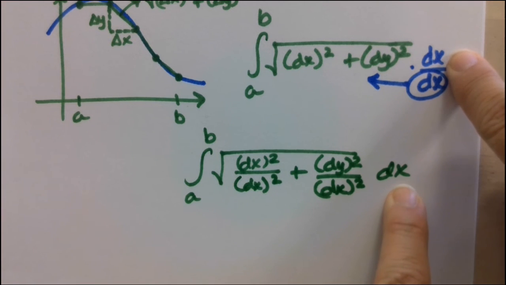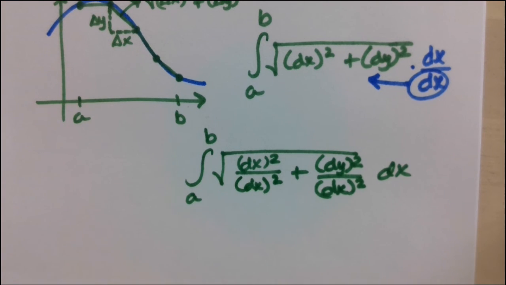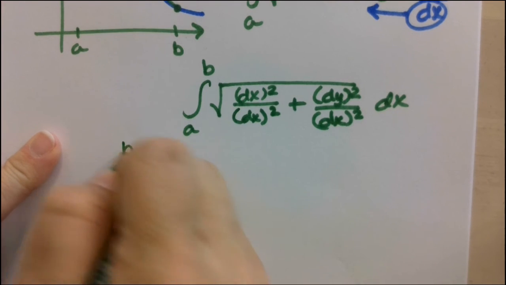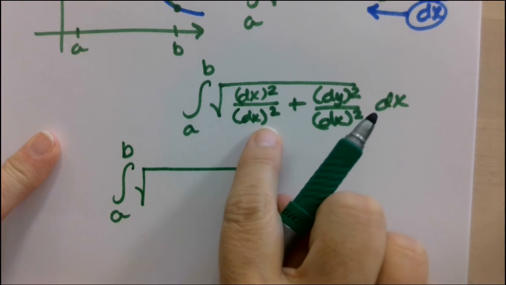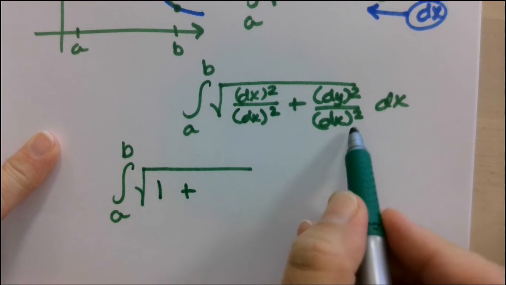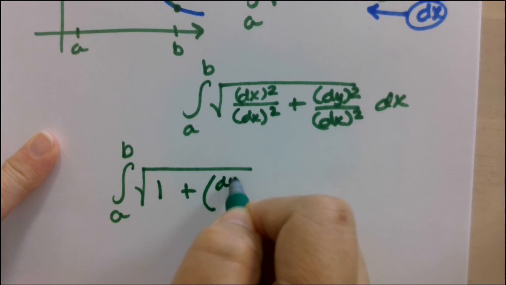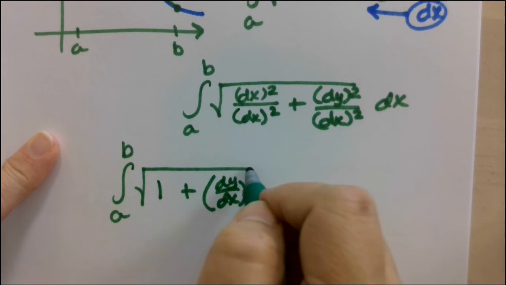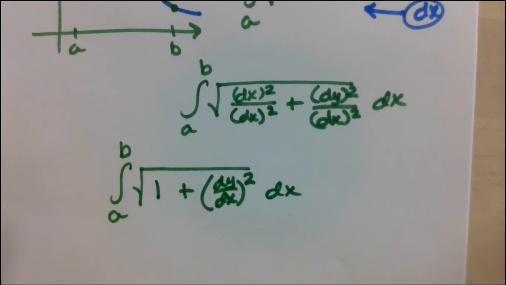The dx from the numerator is still on the outside. So now I'm just going to simplify this a little bit. dx squared over dx squared, that's just 1. And then we have dy squared over dx squared, which I'm going to write as dy/dx squared. And there you have it. That is our formula for arc length.